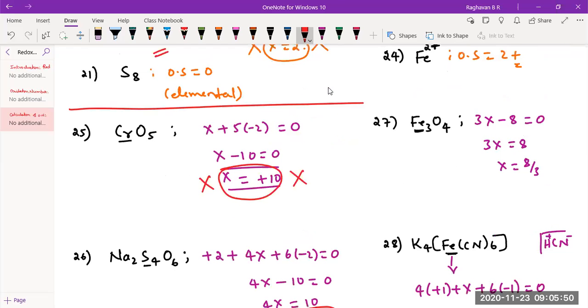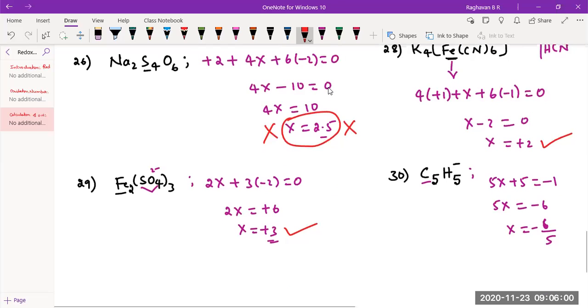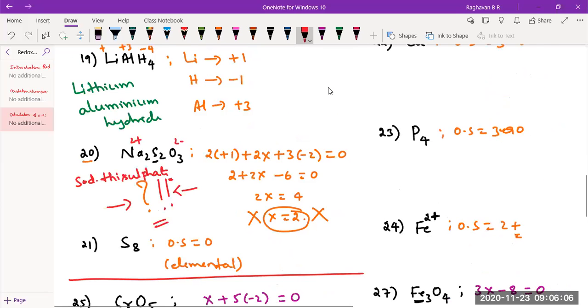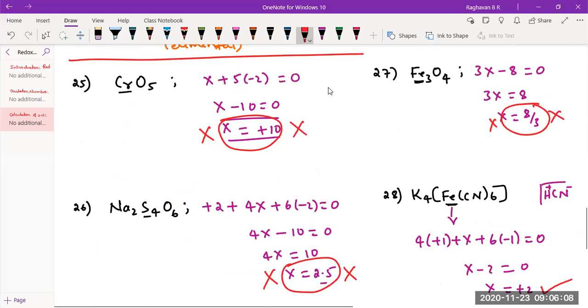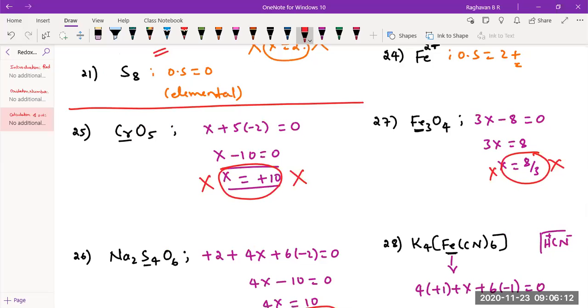This is wrong. This is correct. Somebody has taken CN as minus 1, that's fantastic. This is correct. Now again our surprise element has enhanced, right? So here it became wrong. This became wrong. Why are things becoming like this?